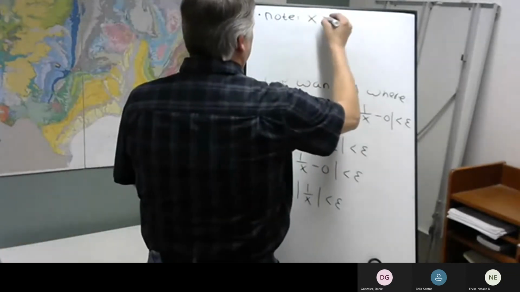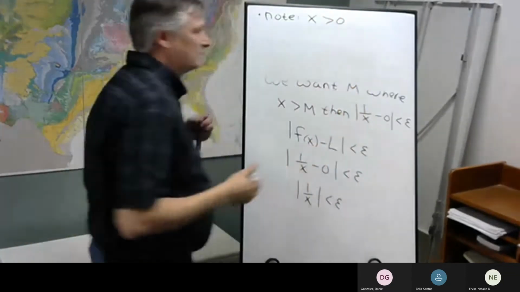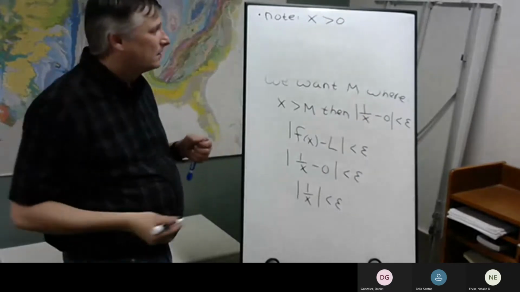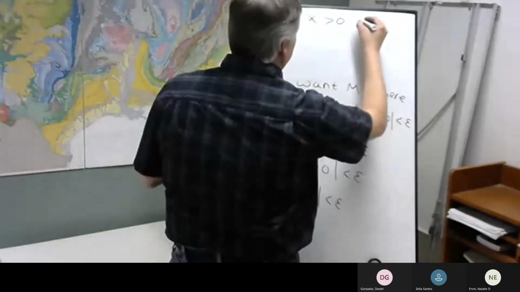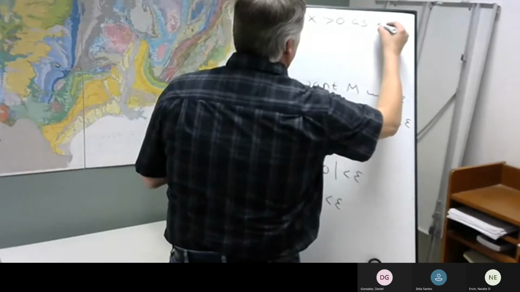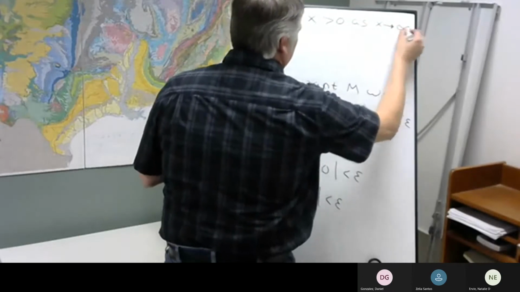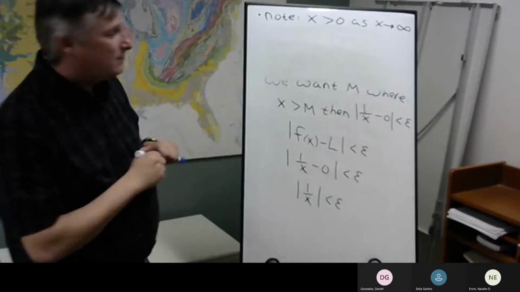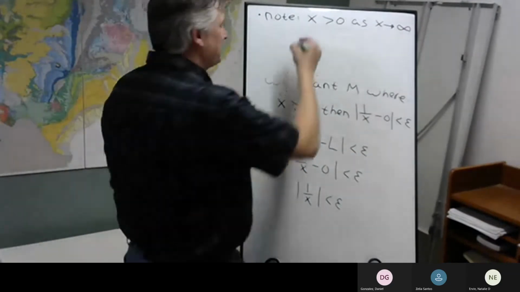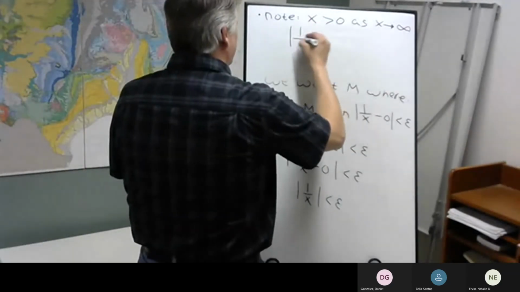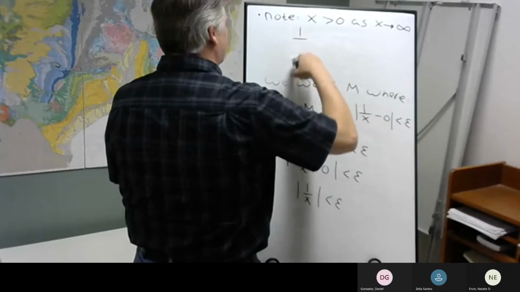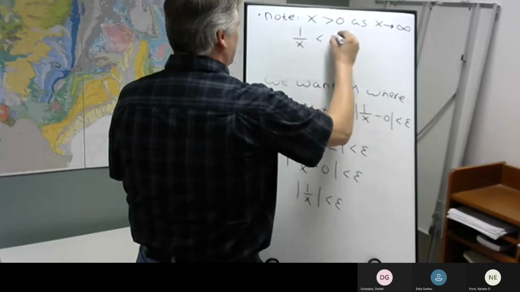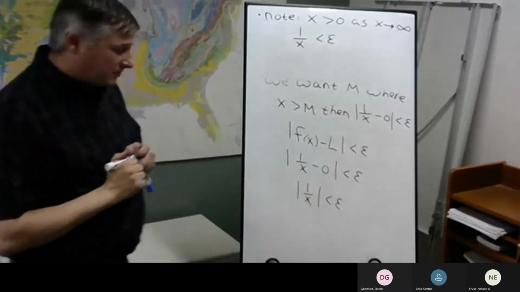So we have x greater than 0 when x is greater than m. And this is going to be the case again as x goes to positive infinity. So what that means, x is not going to be negative. We're going to drop the absolute values.